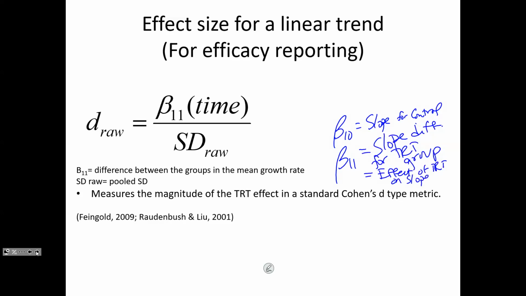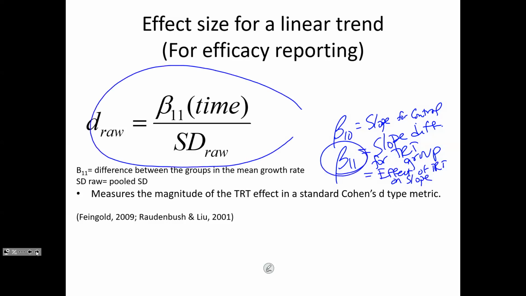This often seems really weird to people because we're talking about slopes now instead of just regular mean differences. But if we want to come up with an effect size for a linear trend, we can take this, because this is the difference between the slopes, and it goes in the numerator the same way that the difference between means would go in the numerator. So we're just thinking about the difference between two slopes.